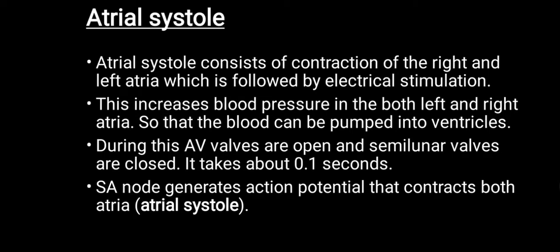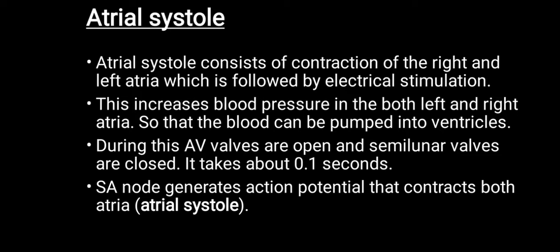The joint diastole is followed by the atrial systole, which consists of the contraction of the right and left atria, which is followed by an electrical stimulation. The electrical stimulation is caused when the SA node, that is the sinoatrial node, generates an action potential that contracts both the atria, called the atrial systole.